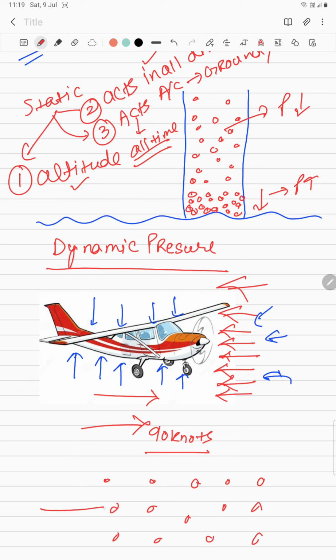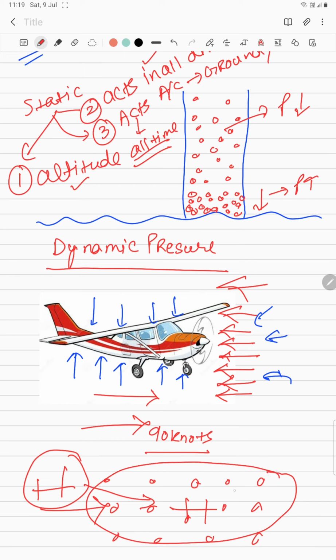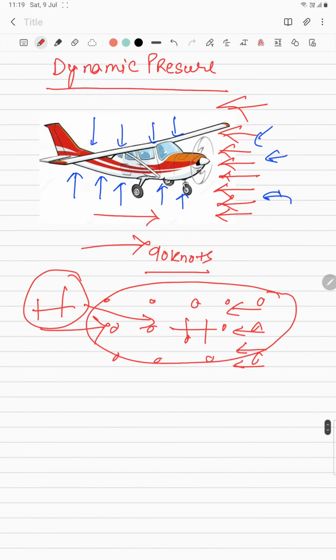Now when the aircraft starts moving in this air, due to its motion the molecules will get disturbed and they will exert a certain pressure to oppose the motion of the aircraft, and that is known as your dynamic pressure. Okay, I hope this point is clear to you. So now we know the two kinds of pressure: what is dynamic pressure, and what is static pressure.